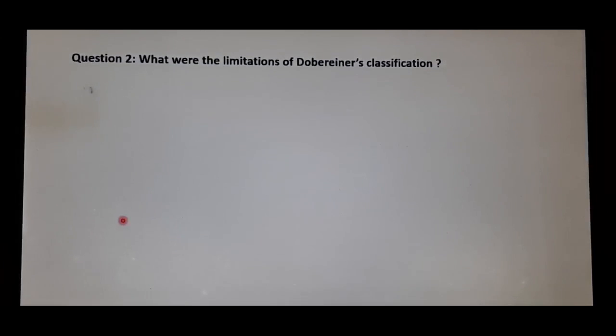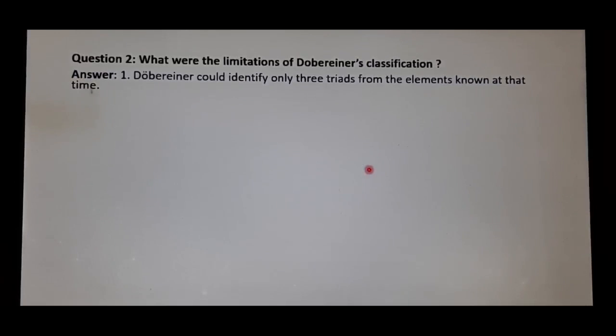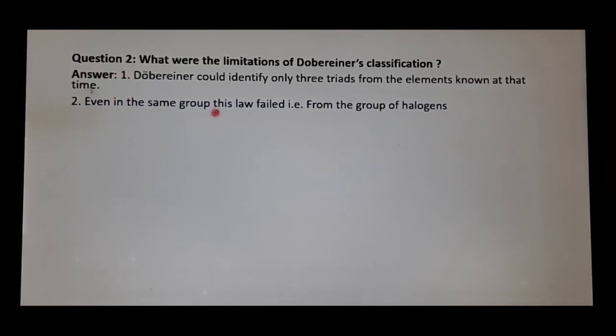Now let's do question number 2. What were the limitations of Dobereiner's classification? So this thing in detail I have explained. So the same thing you have to write here also. Dobereiner could identify only 3 triads from the known elements at that time, and even in the same group this law failed, as we have taken the group of halogens: fluorine, chlorine, bromine and iodine.